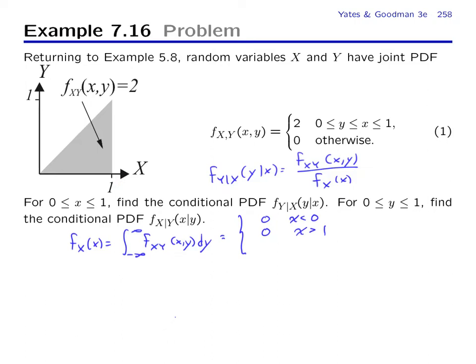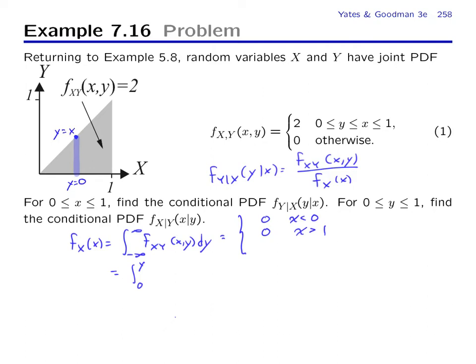And the interesting case that's left is x between 0 and 1. For x's between 0 and 1, we obtain this integral from 0 to x, which corresponds to integrating along this line segment from y equals 0 up to this point where y is equal to x.